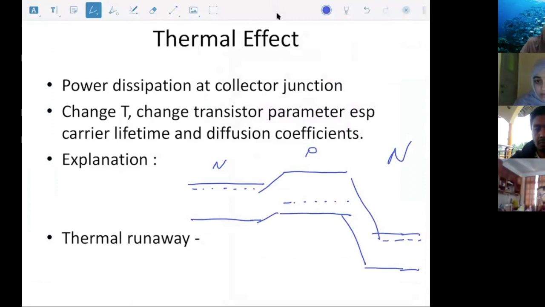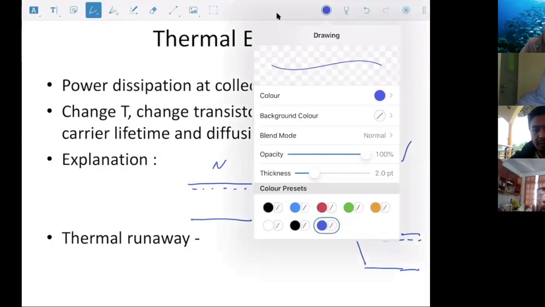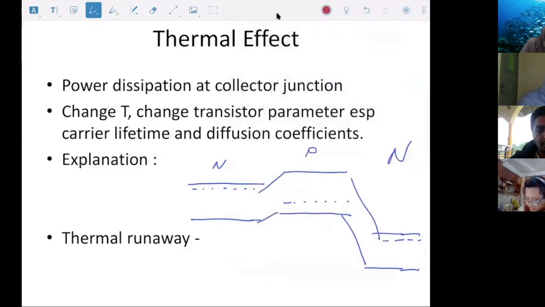Okay, so now I want to talk about thermal runaway. What happens is you forward bias this junction and you reverse bias this junction.